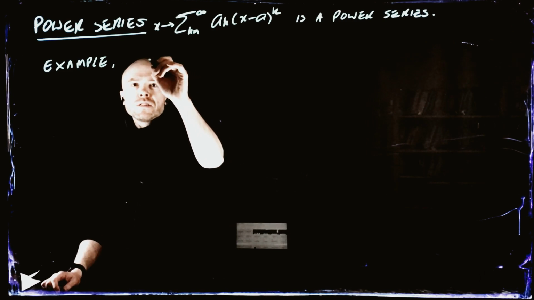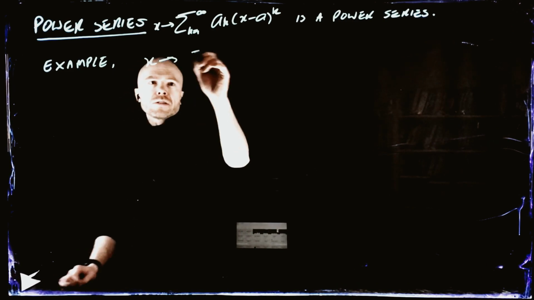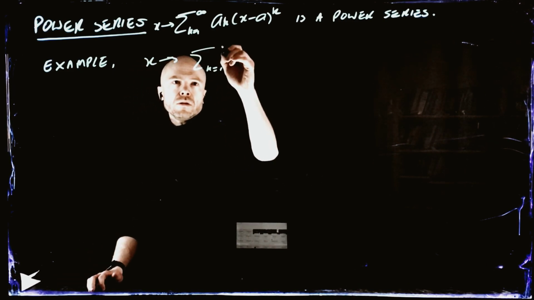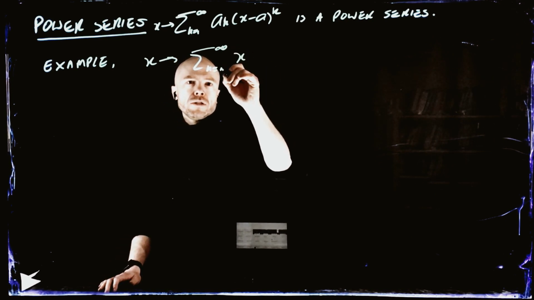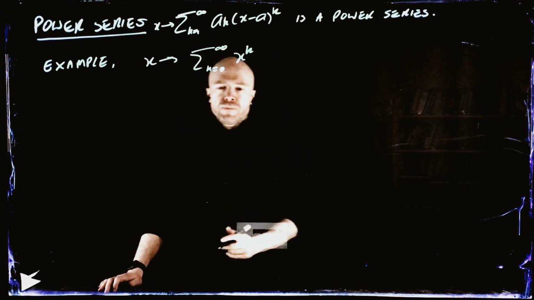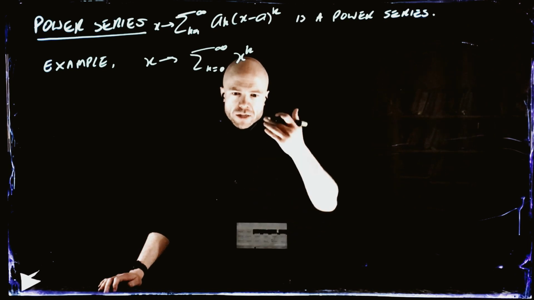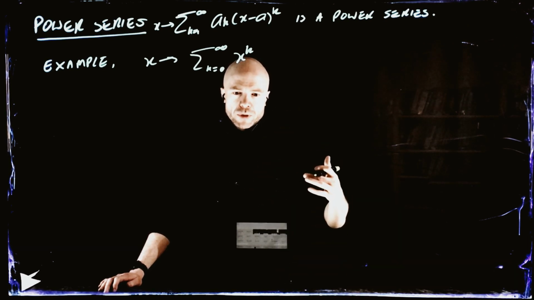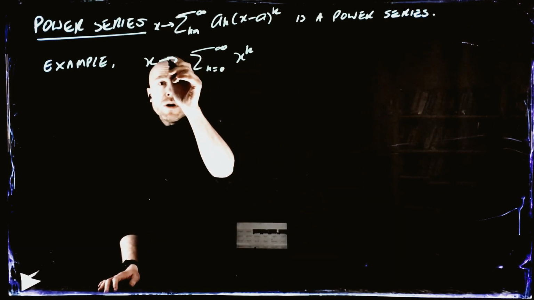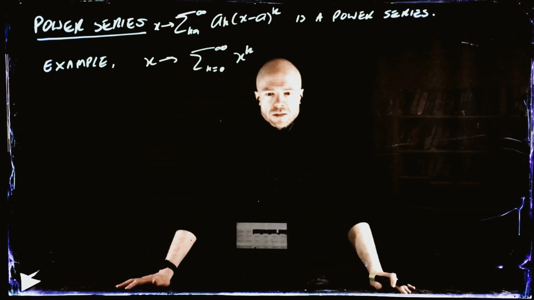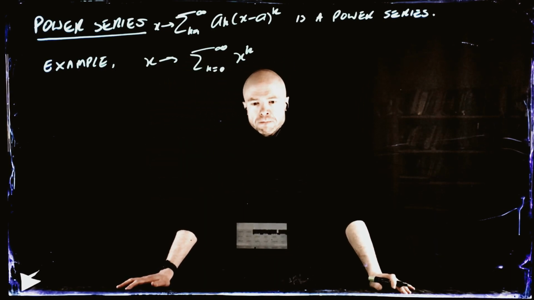If we consider this, x goes to, let's start from 0, x to the k. This is a power series that we've already studied, that we've already seen quite a bit. Can you tell me for what x's this thing actually makes sense? What range of x does this make sense?